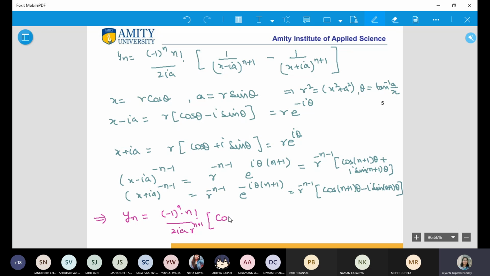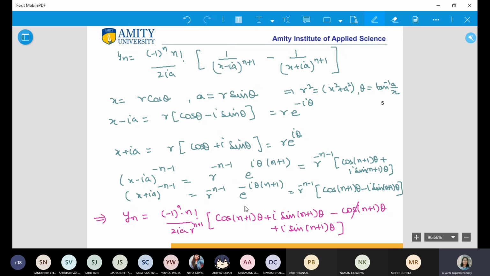Here I have cos (n plus 1) theta plus i sin (n plus 1) theta minus cos (n plus 1) theta plus i sin. Is this fine? I put this value and this value here.